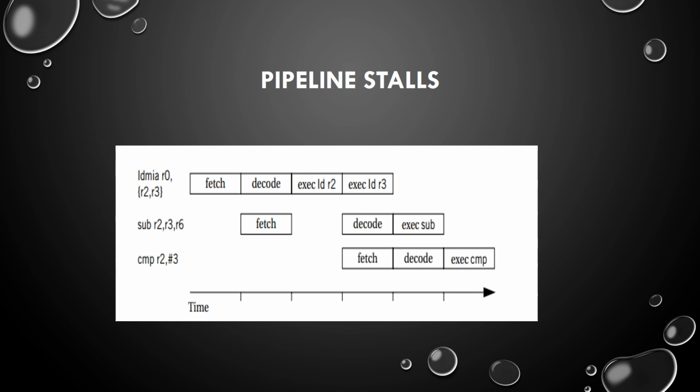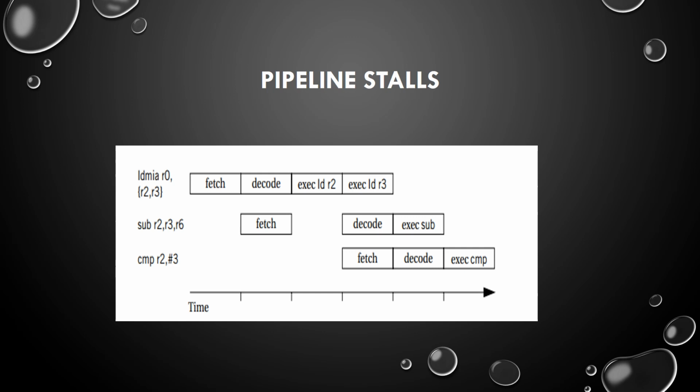Then the pipeline stalls are inserted based on the instruction. Here we have used the LDMIA instruction, that is load multiple instruction, increment after. This instruction takes two execution cycles, for R2 execution and R3 execution. The second instruction is the subtract instruction.